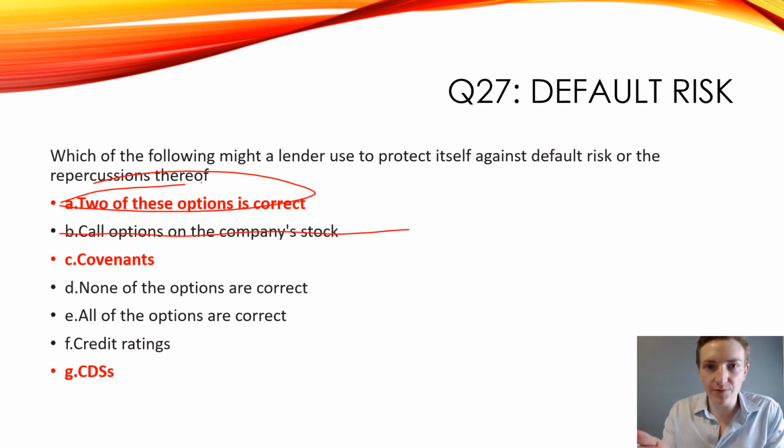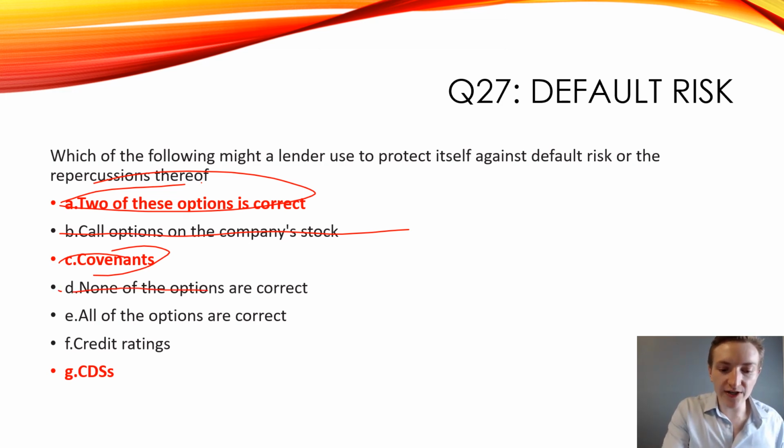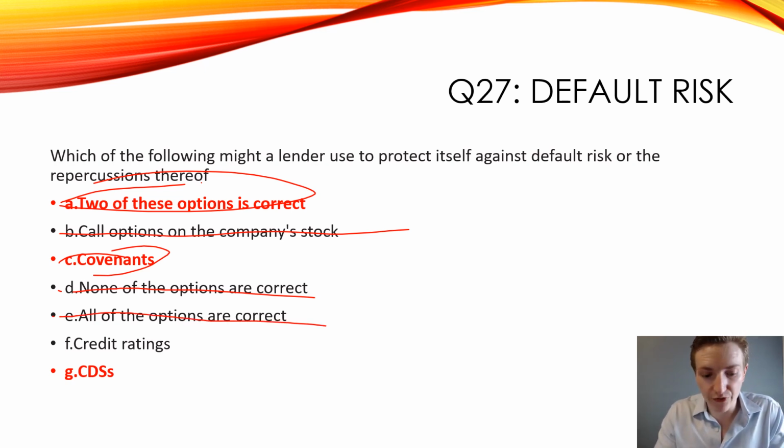Call options don't protect you from default risk, not relevant. Covenants would protect you from default risk. A covenant might be, for example, you require the firm's earnings to be above a particular threshold. Or a covenant might be you restrict dividends being issued, or something along those lines. So that could be right. So therefore, tautologically, at least one of the options is right. And we know tautologically that it can't be all of them because one of them is already wrong.